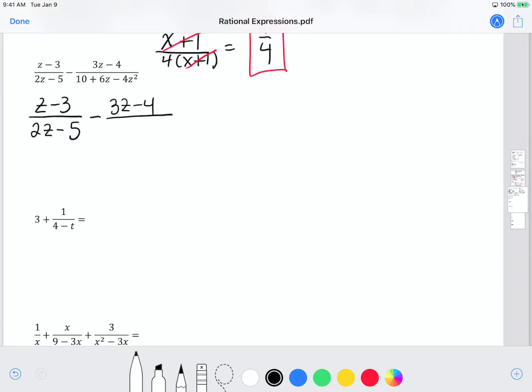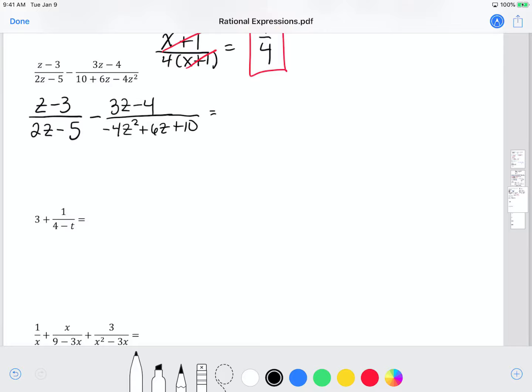Now when I factor, this is a personal preference, this isn't something you have to do, but I like to write my polynomial in descending order. So I'm going to rewrite this as minus 4z squared plus 6z plus 10. So all I'm doing at this point is just rewriting it in descending order.